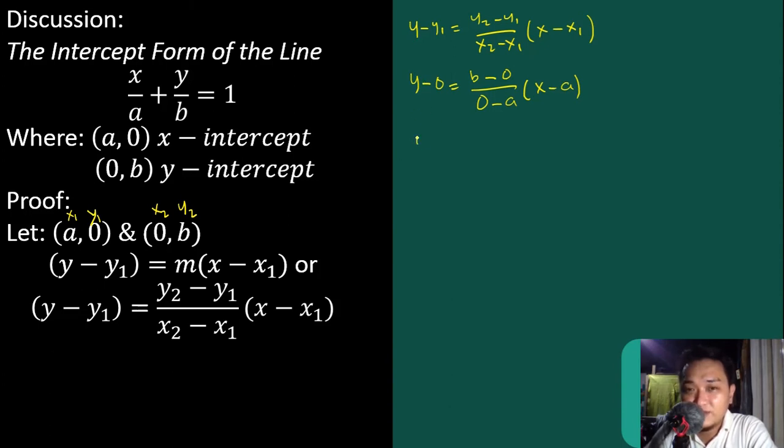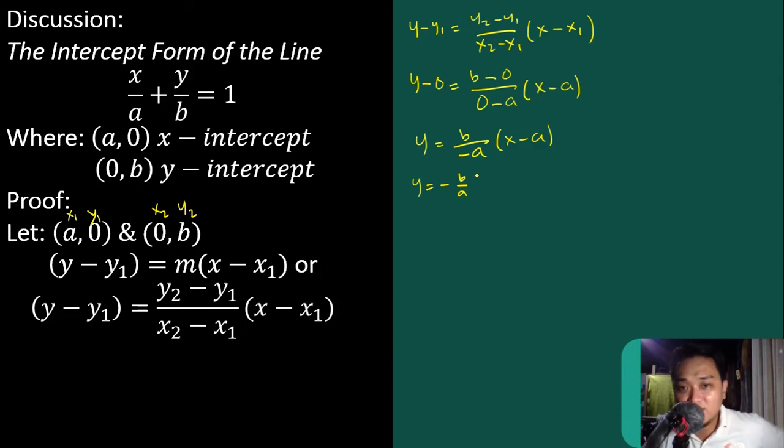Y minus 0 is y. B minus 0 is just b. 0 minus a is negative a times the quantity x minus a. Now, ayusin lang natin ito, kasi yung negative nasa baba. So, y is equivalent to negative b over a because positive divided by negative is negative times the quantity x minus a.